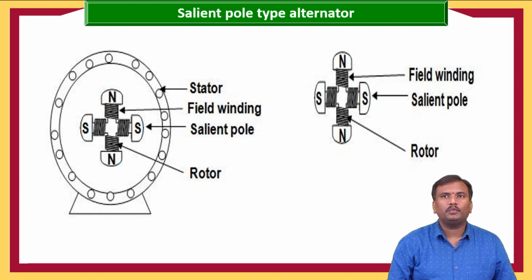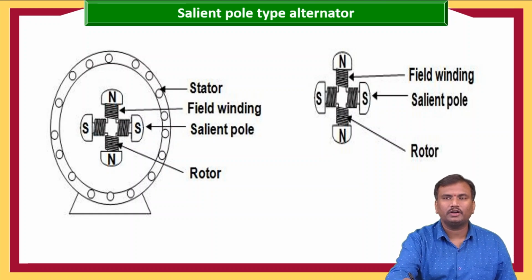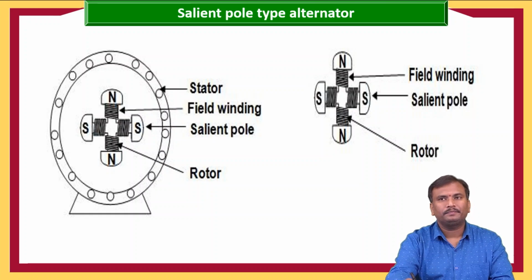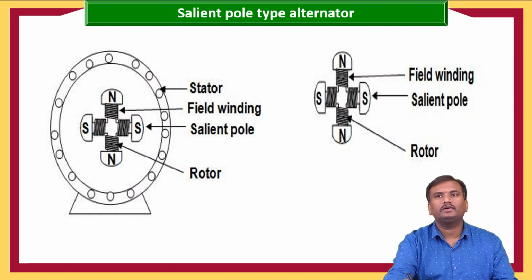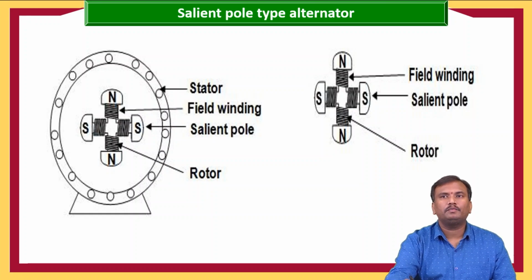This is the salient pole type rotor, which is going to have an even number of poles. These poles have alternate north and south polarity. If this is the north pole, this will be the south pole; this is the north pole, another will be the south pole.